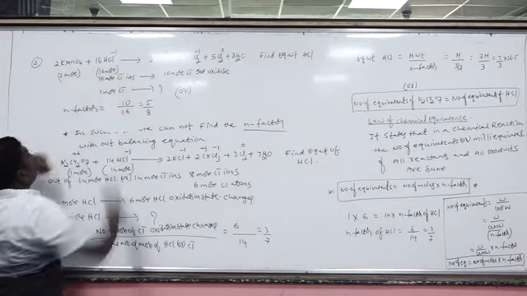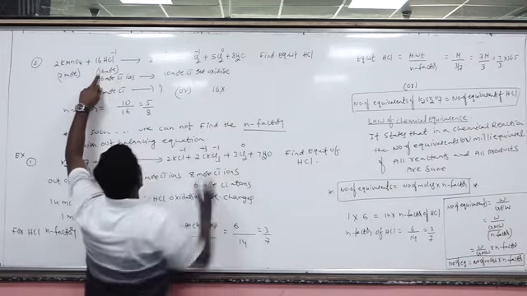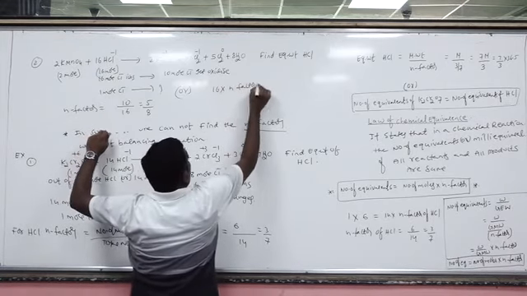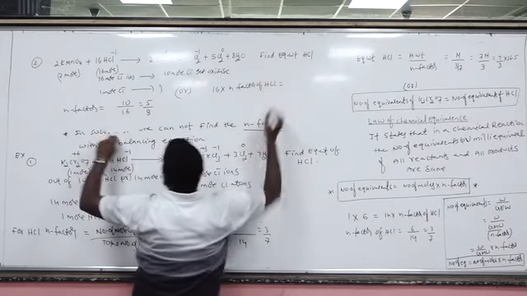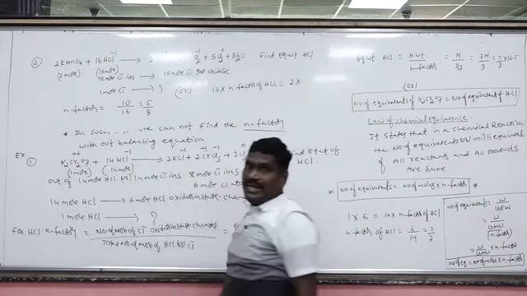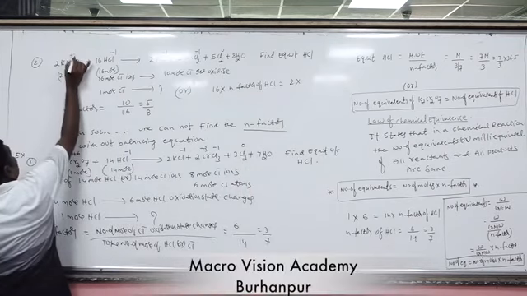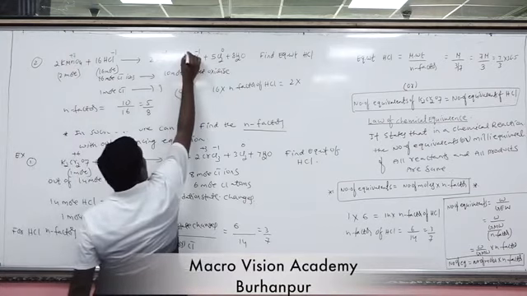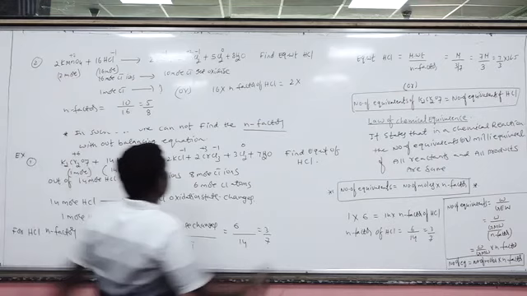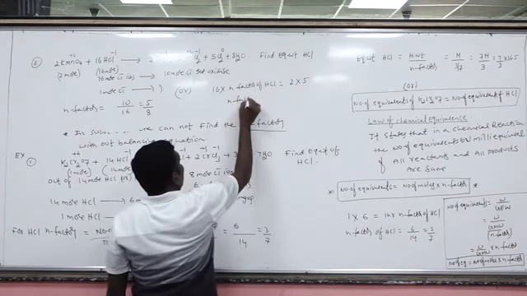Now, number of moles of HCl, 16, into the N factor of HCl, which we don't know and have to calculate, is equal to the number of moles of KMnO4 into its N factor. Manganese oxidation number is +7 here and +2 here, so the change is 5 per atom. Only one atom is there, so the N factor will be 5.